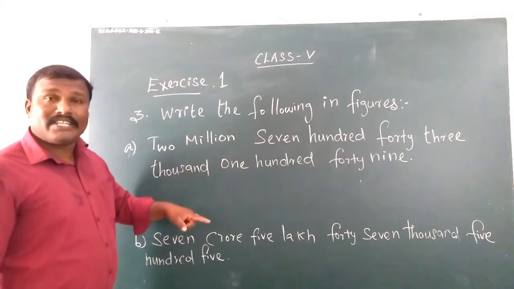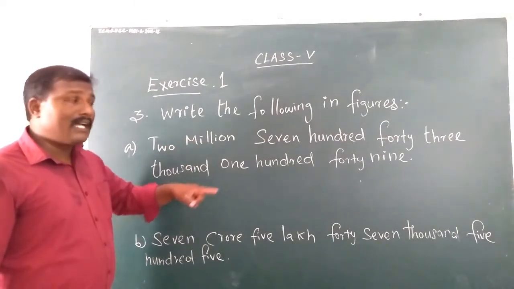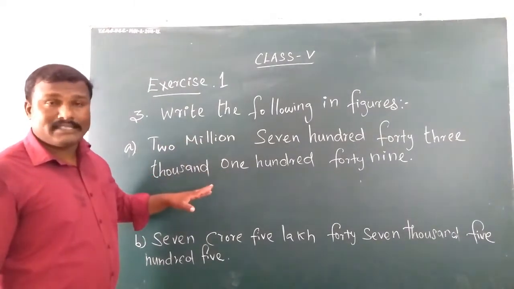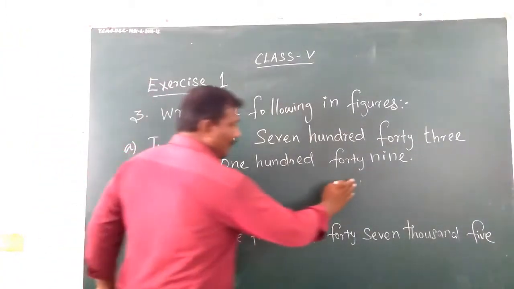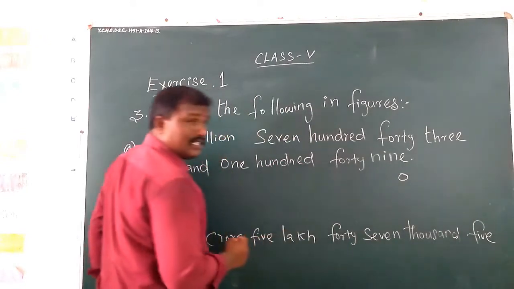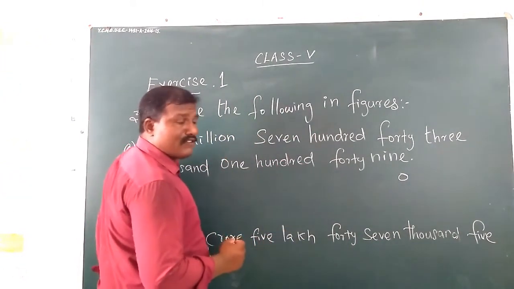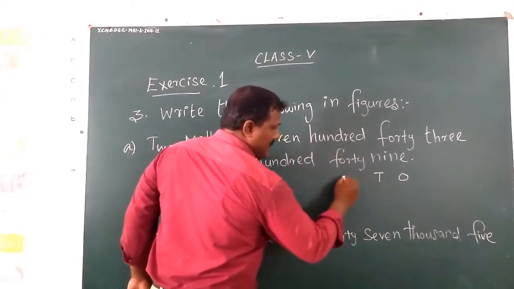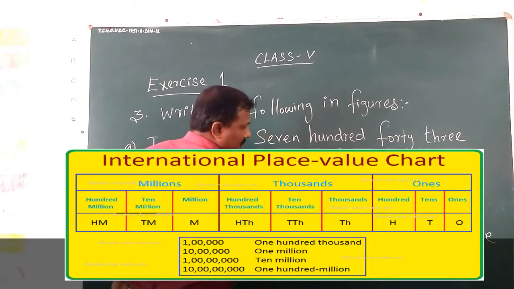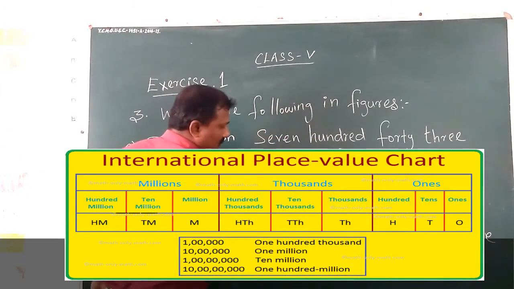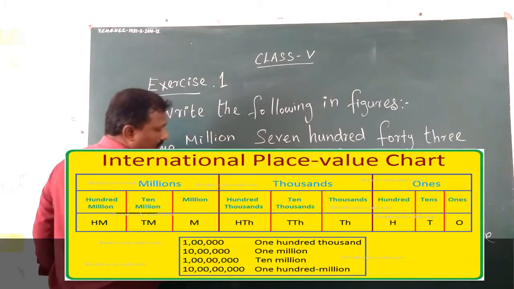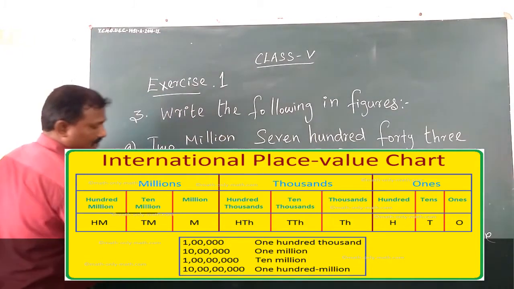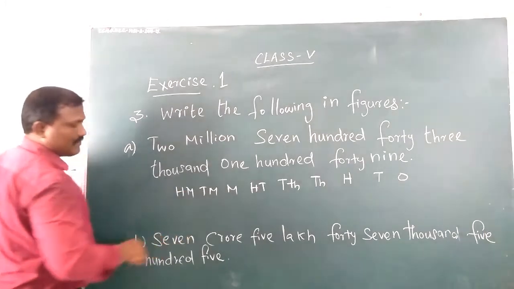So for converting to numeral form, I want to draw the place values of the international number system. So you know very well, the international place values are ones, tens, 100, 1000, 10,000, 100,000, million, 10 million, 100 million.